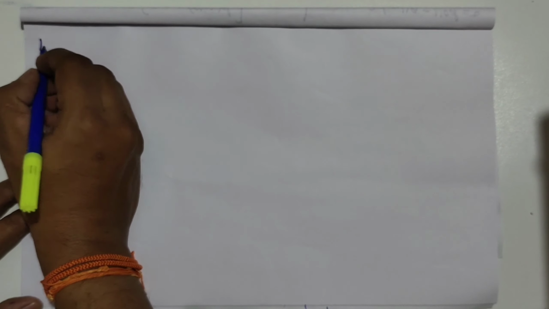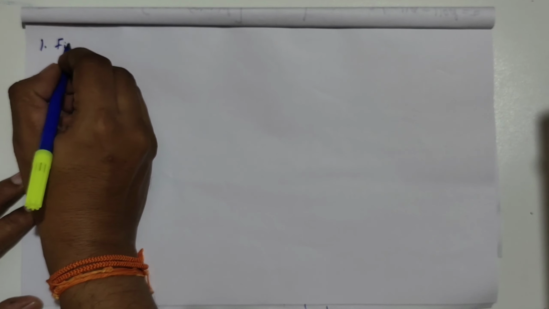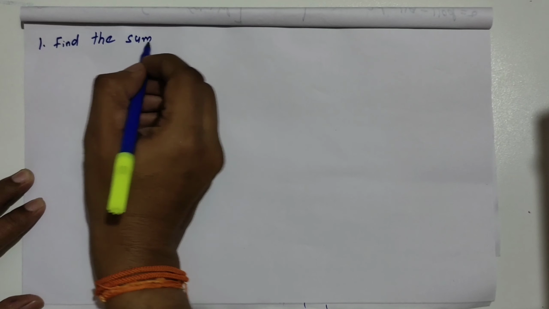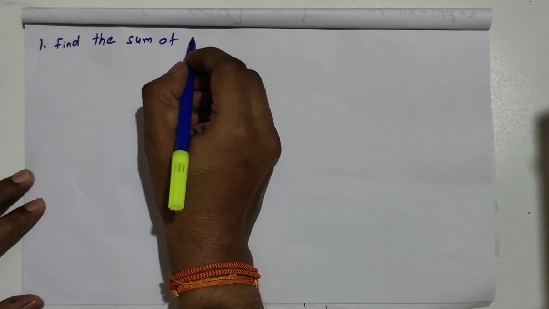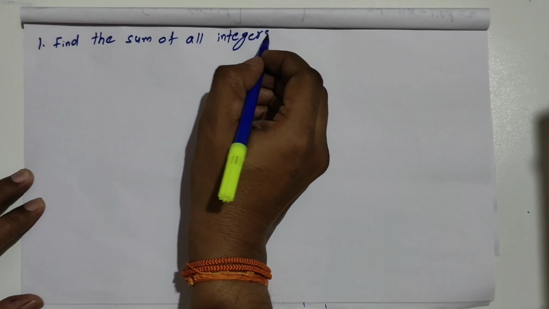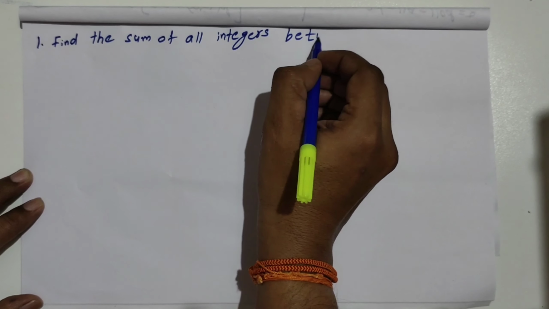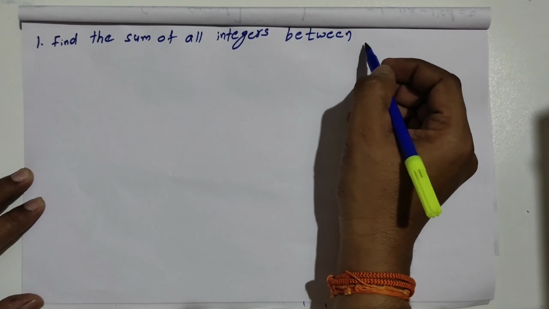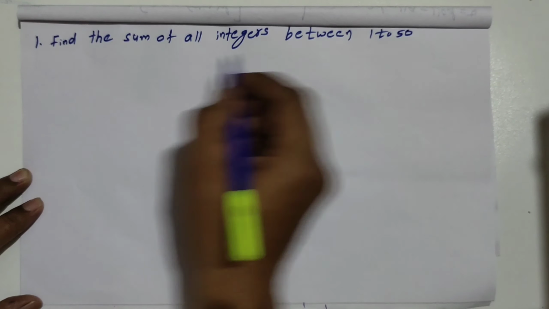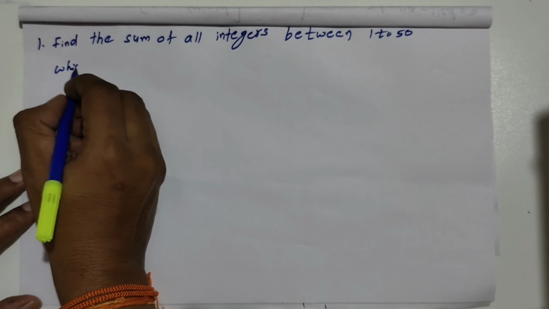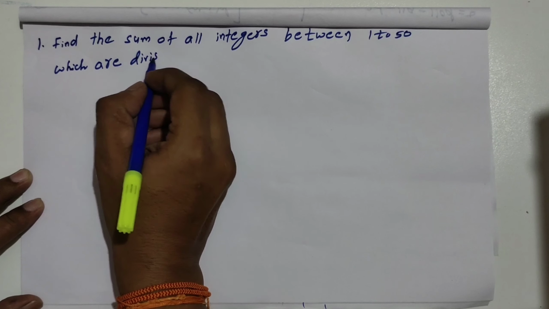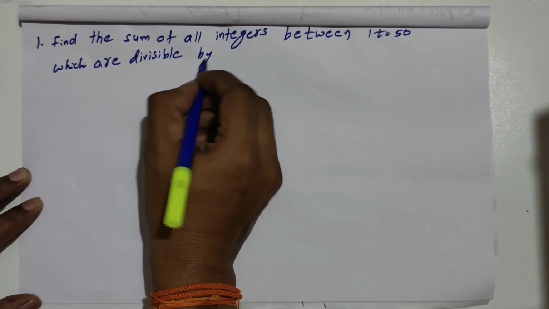In that one, first sum: find the sum of all integers between 1 to 50 which are divisible by 3.